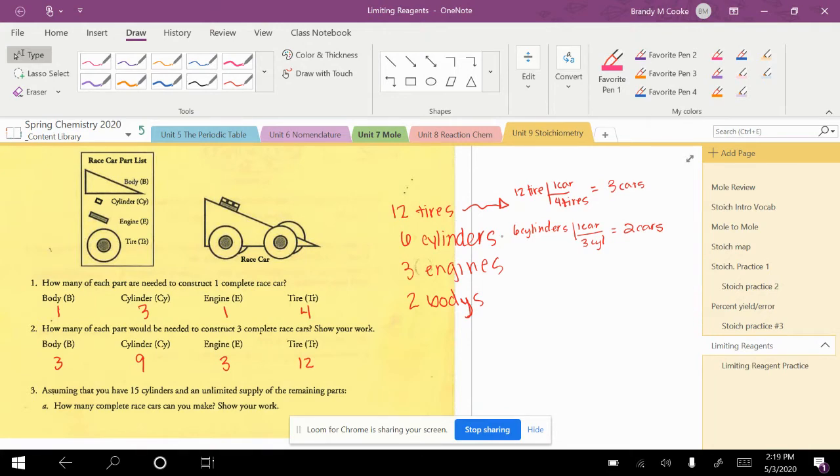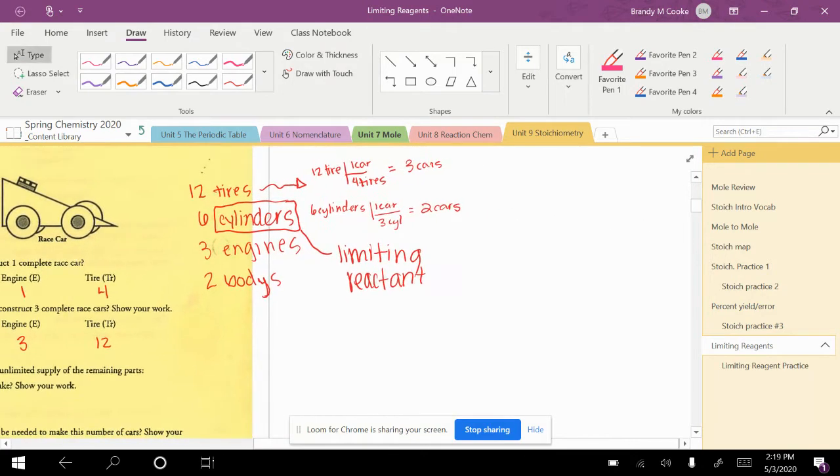So in this case, I call my cylinders my limiting reactant because by definition, it limits how much product can form.